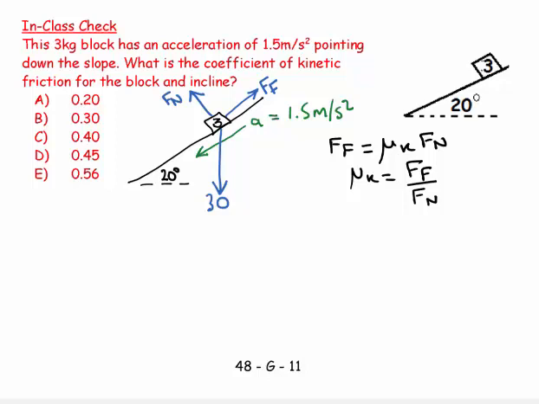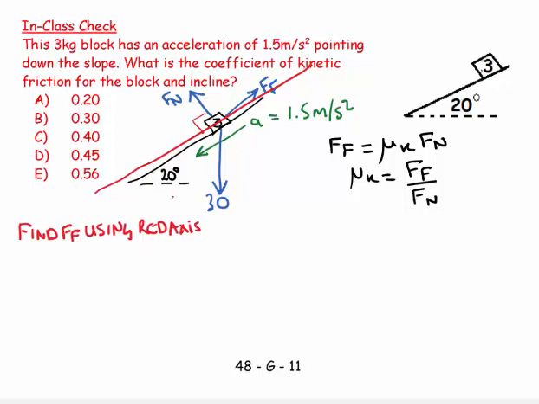So let's find Ff to begin with. If I want to find Ff, I don't want to deal with Fn, so I'm going to put an axis as usual, perpendicular to the thing that I don't want. So I say find Ff using the red line, red axis, let's say.